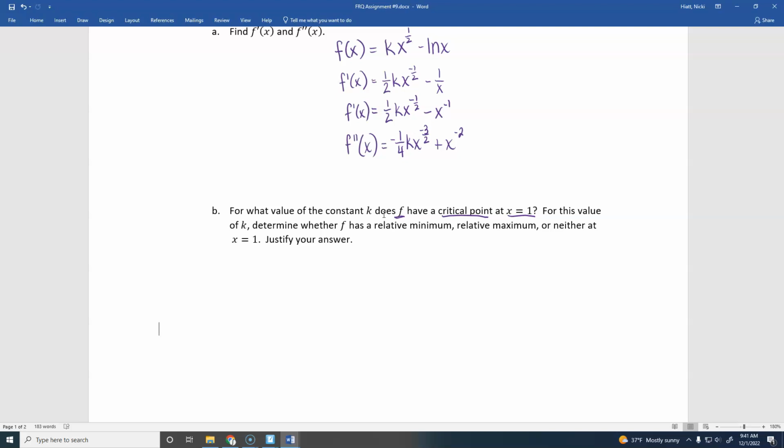What happens at our critical point? Our slope, or our derivative, f prime of x, is going to equal 0 or undefined. But I think probably 0 is what we're going to need to worry about.